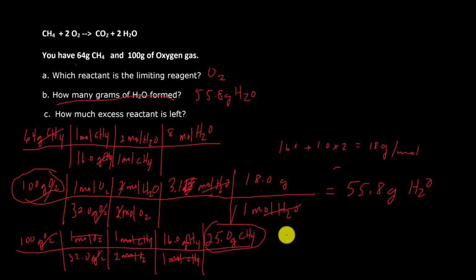And so we've got to take how much we originally had, which was 64 grams of CH4, and subtract from that 25 grams CH4, and we are going to get 39 grams of CH4 left over. So our last answer here is 39 grams of CH4.